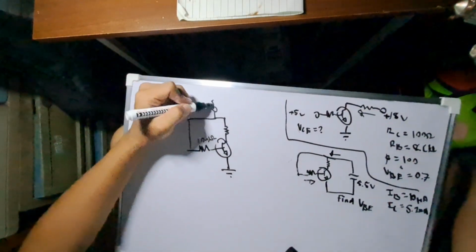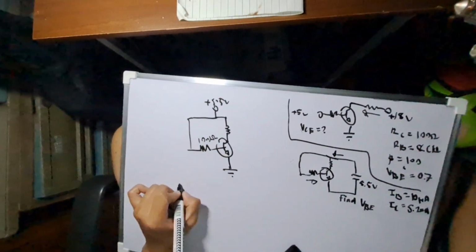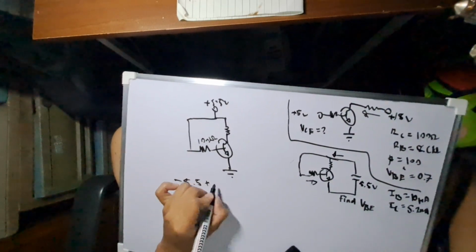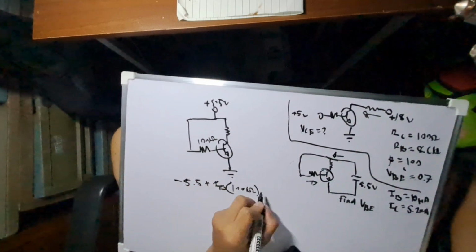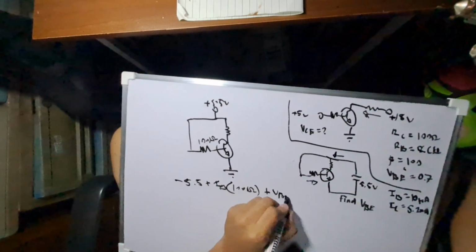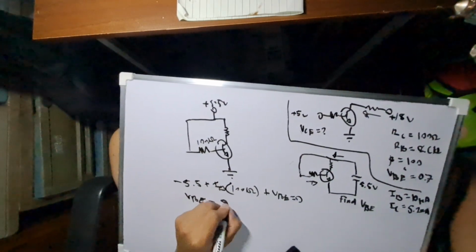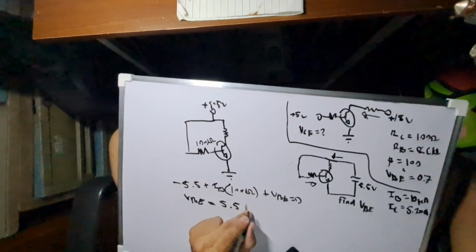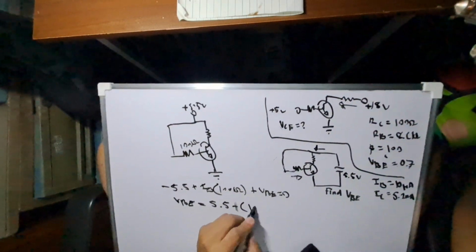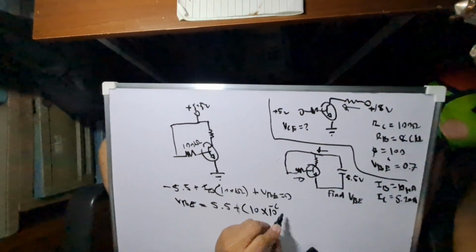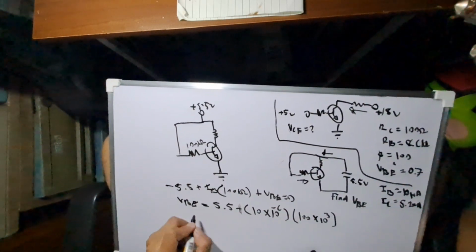So if that's the case, may 5.5 tayo dito, positive. So let's enter the negative part. Negative 5.5 plus IB times 100 kilo ohm plus VBE, lipat natin, VBE equals to 5.5 minus 10 micro. 10 times 10 raised to negative 6 times 100 times 10 raised to 3.